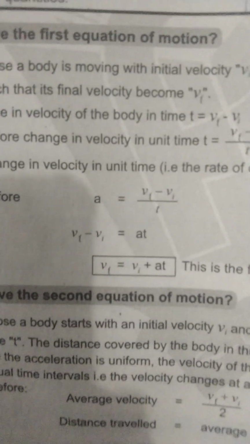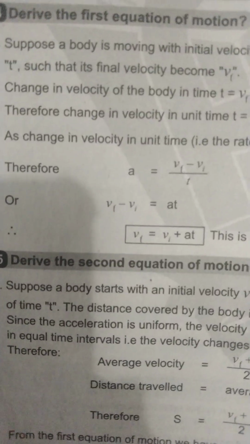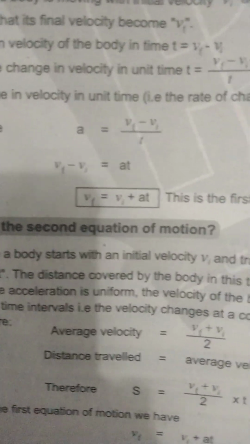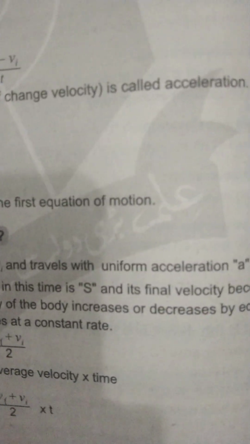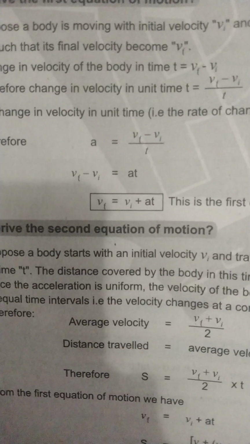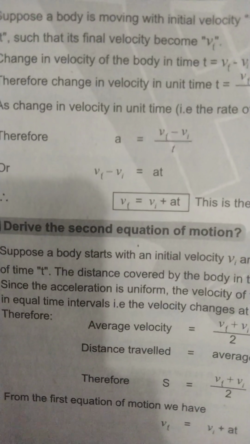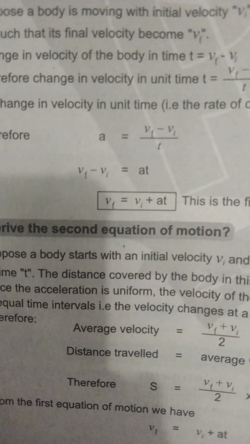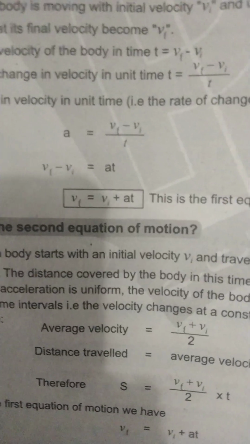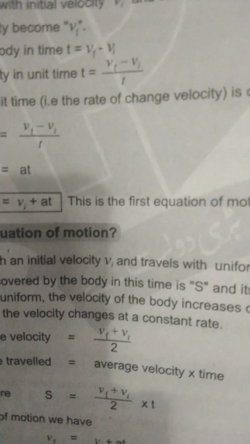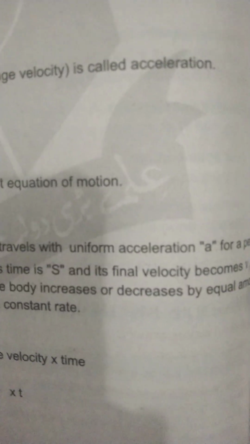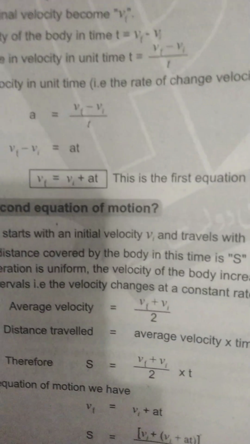Now the second equation of motion. Suppose the body starts with the initial velocity Vi and travels with a uniform acceleration A. It will definitely take some time t. The distance covered by the body in this time is S, and the final velocity becomes Vf.